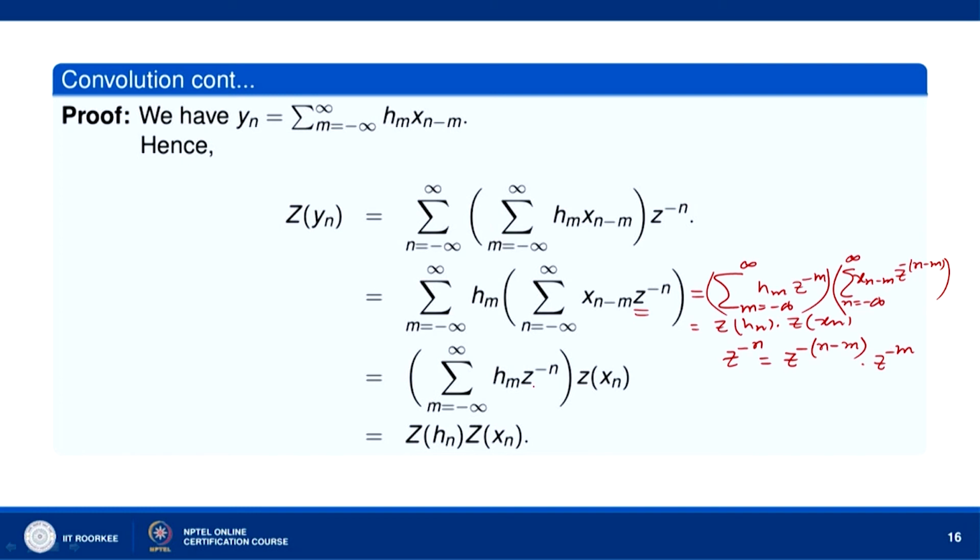This becomes Z of x[n], and this becomes Z of h[n]. So, Z of y[n] is equal to Z of h[n] into Z of x[n]. This is the convolution theorem for the bilateral Z transform.